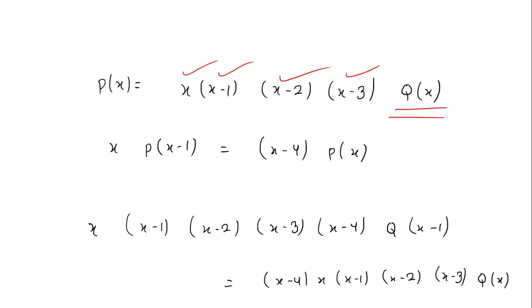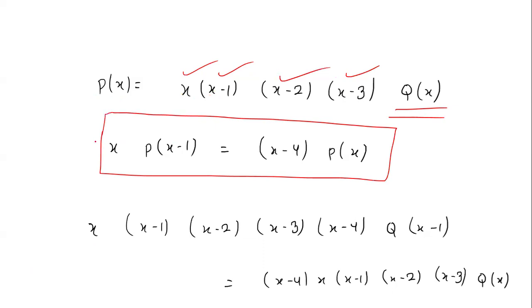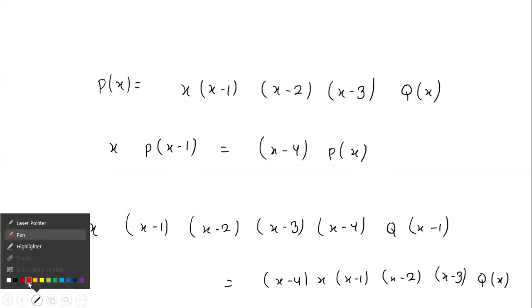So now what can we do next? Now you see we are given this relation, x times p of x minus 1 is x minus 4 times p of x. So now if we put here the p of x minus 1 value from this relation, what can we get?